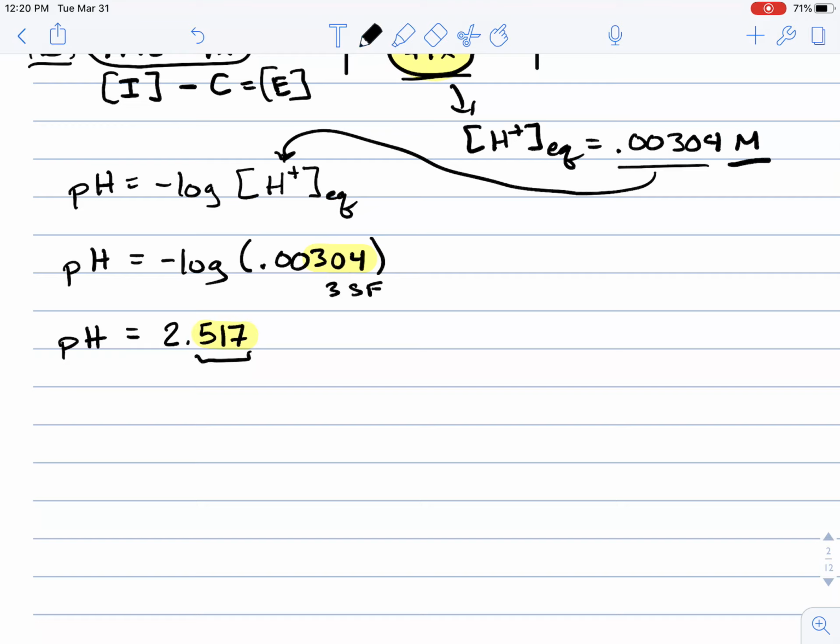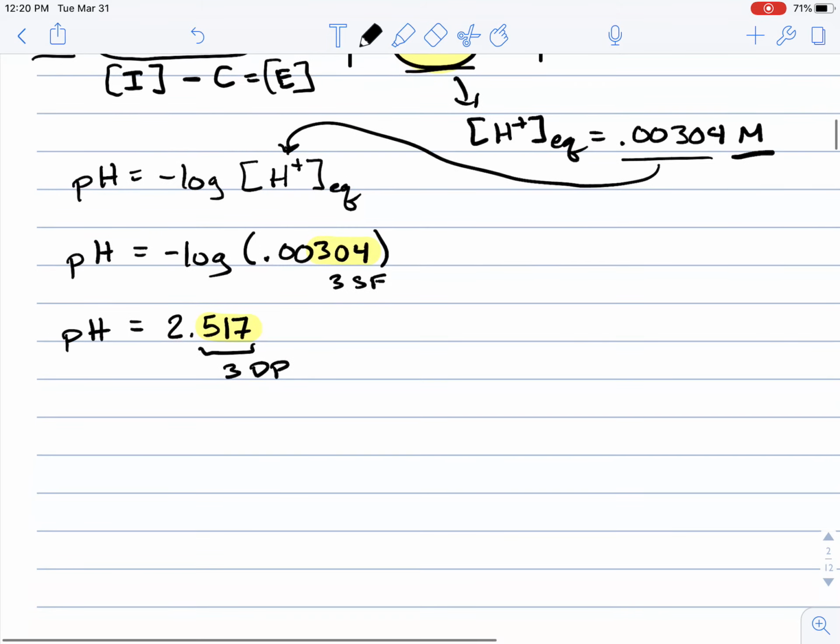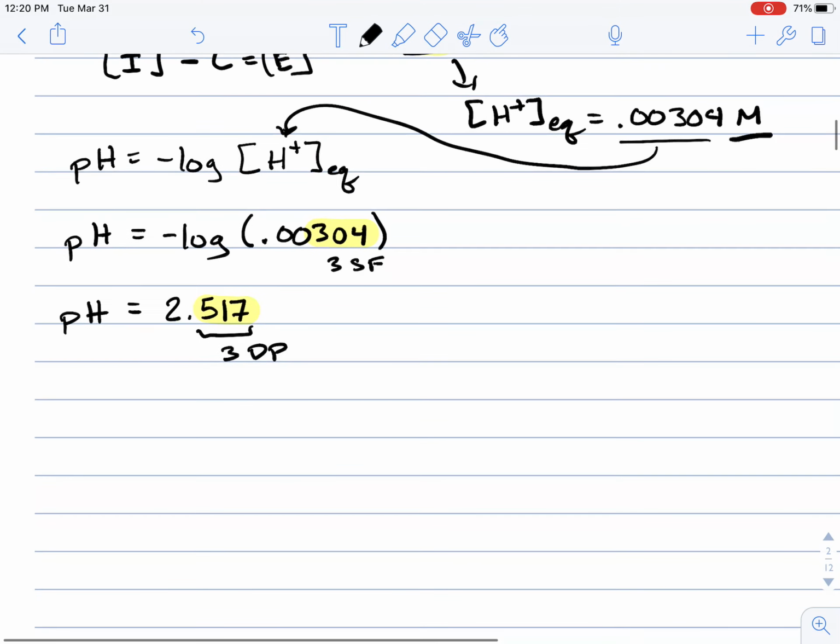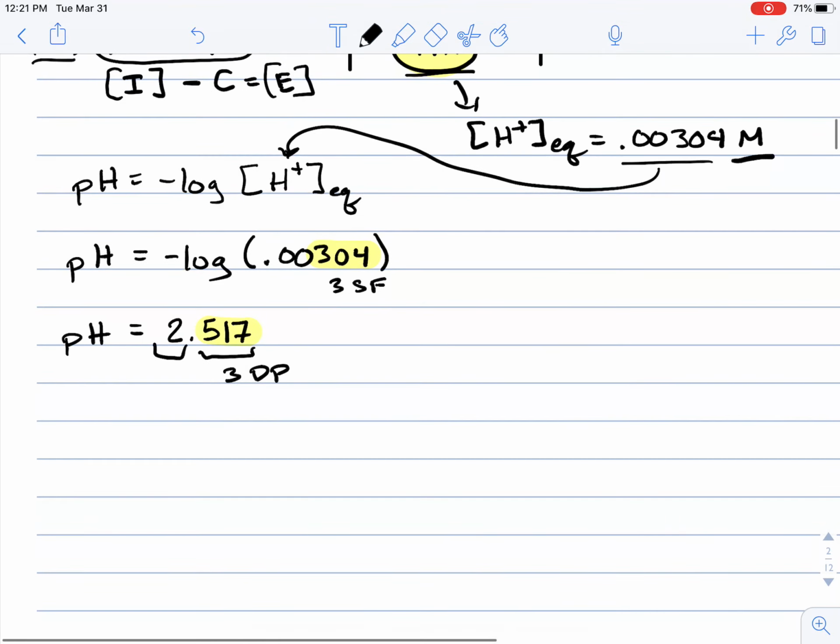So I'm going to write 3 dp to represent decimal places. The whole number in your pH is not significant. That's actually representing the exponent in your scientific notation. And so anything that comes after the decimal for pH represents the correct number of significant figures.